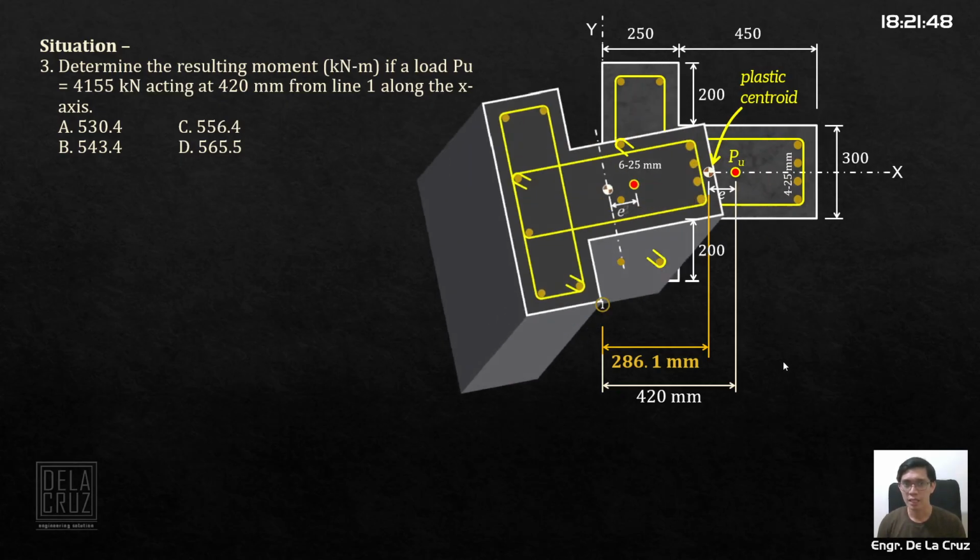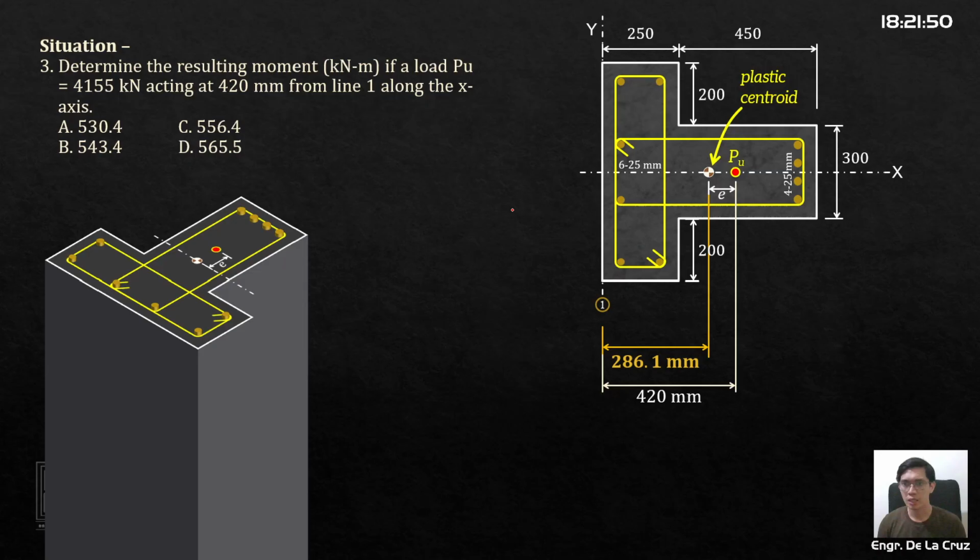Alright, let's look at it in 3D. You have a force Pu applied at that point. This is our neutral axis. It will cause a moment about that neutral axis caused by the eccentric loading.